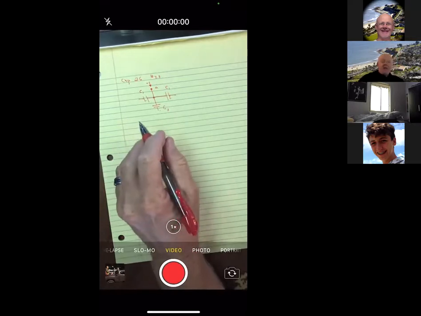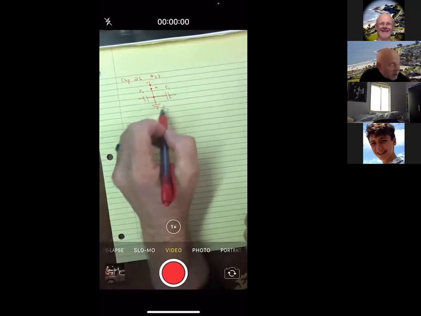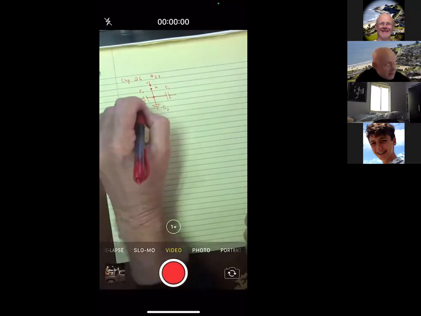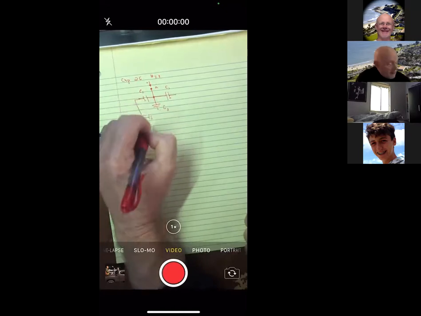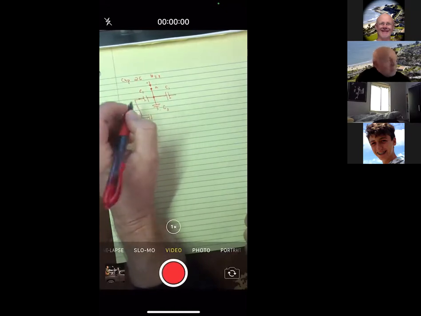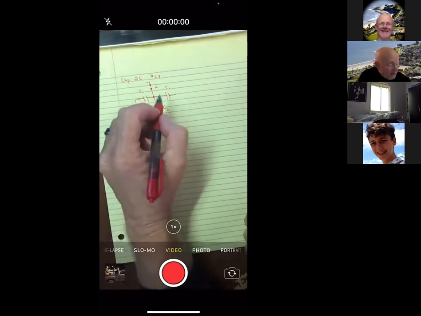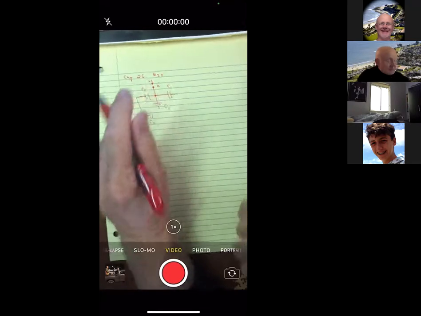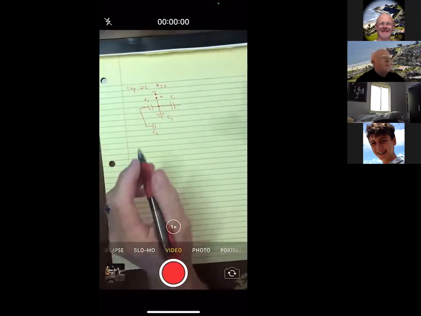Because of that, this is not series. But also, these are not in parallel, or at least not in parallel with themselves, because to be in parallel, we have to be able to connect both ends of them without anything in between.